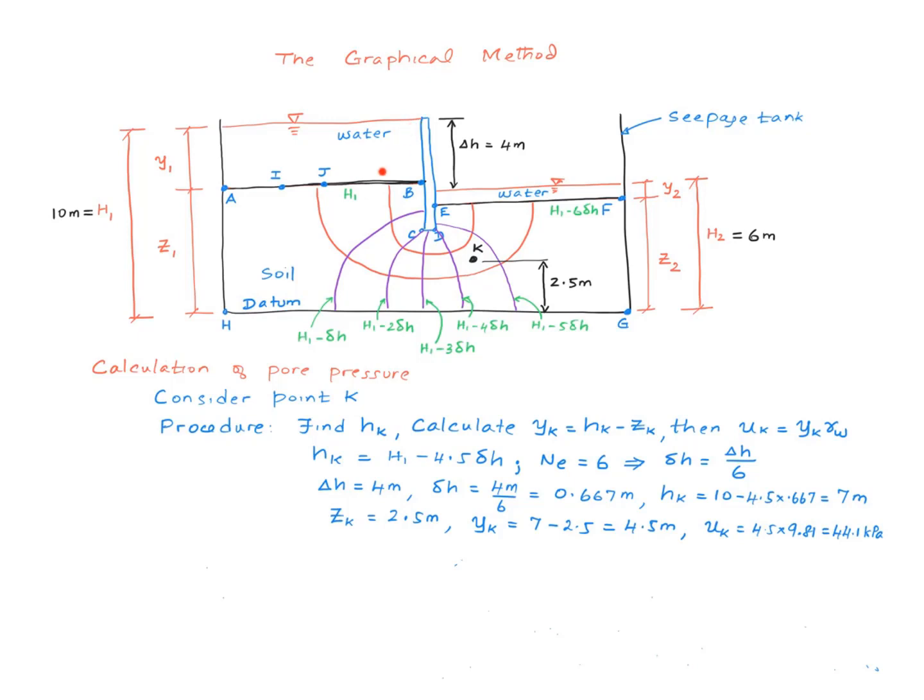So now I have a complete distribution of the pore pressure acting on the left side of the sheet pile wall. I follow the same procedure to calculate the pore pressure on the right side. So now I have a complete description of the pore pressure distribution on the sheet pile wall.